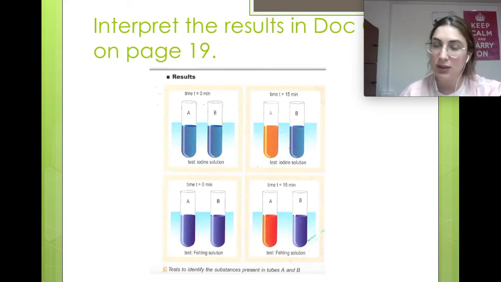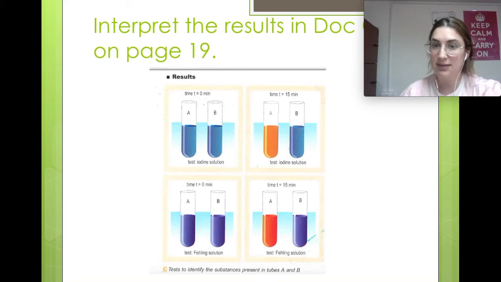Usually, iodine gives a blue color in the presence of cooked starch. Excellent. And if we don't have cooked starch, it gives an orange brownish color. So, based on what we already know, let's try to interpret over here. In the first test, which is the iodine test, both tubes A and B gave a positive result at time 0.